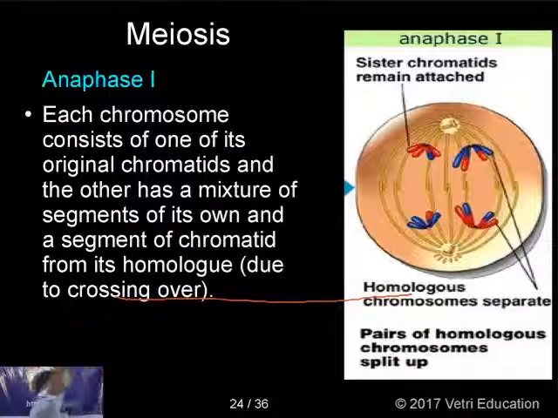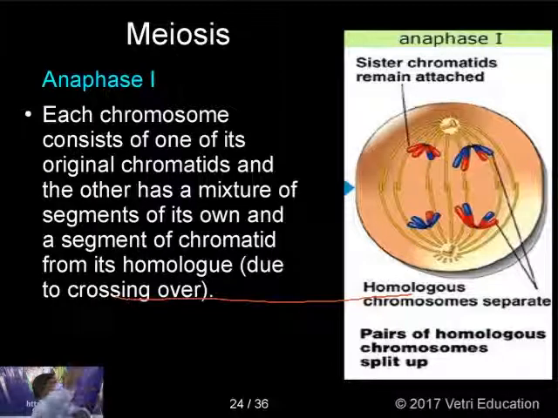In the anaphase, as I told you already, they are moving to different poles. Each chromosome consists of one of its original chromatids, and the other has a mixture of segments. Here you can see one chromatid is completely red, another is half red and half blue, because of crossing over. It has segments of its own and a segment of a chromatid from the homologous chromosome.